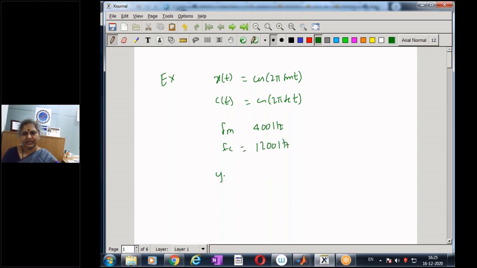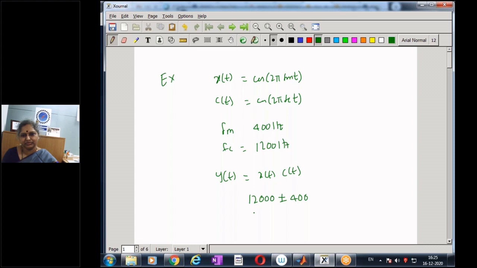And then we saw that if I compute the product x of t and c of t, I get components given by 1200 plus or minus 400. These are the frequency components present.